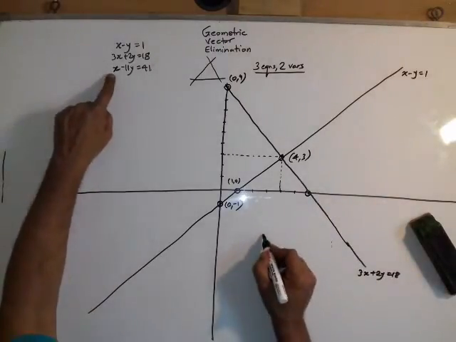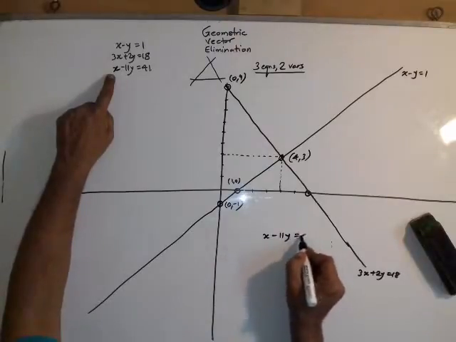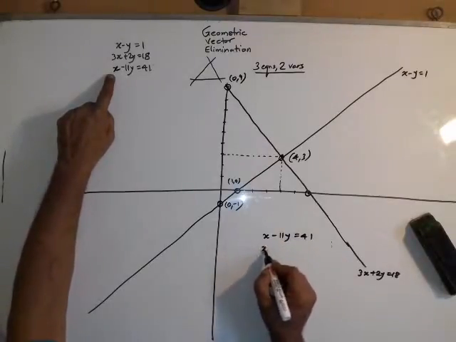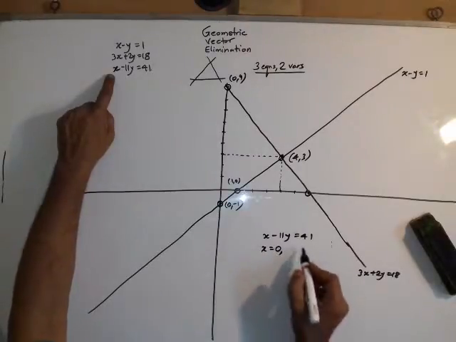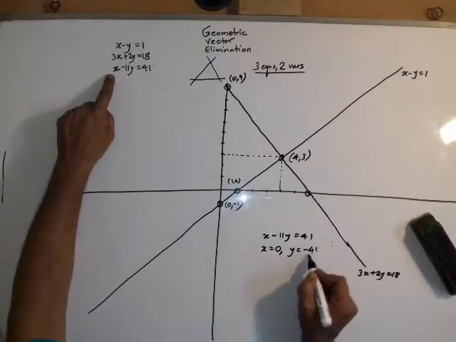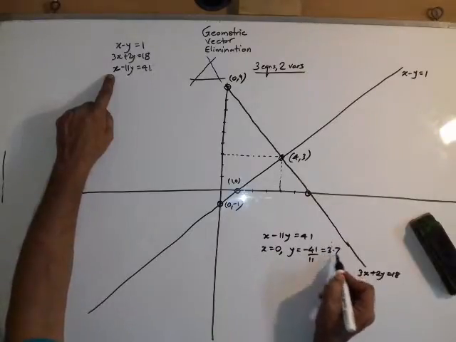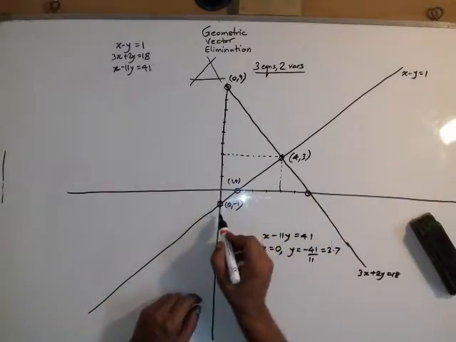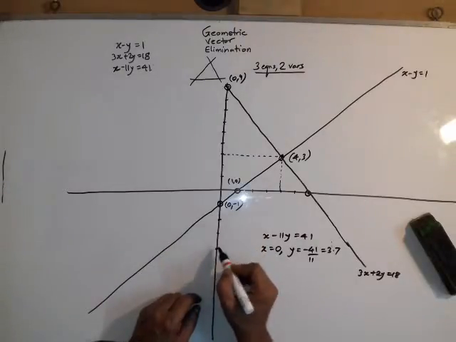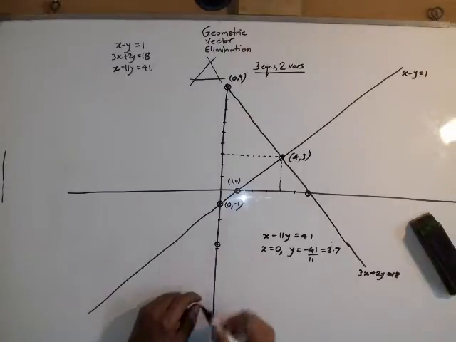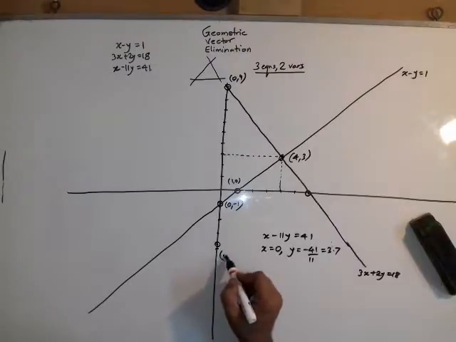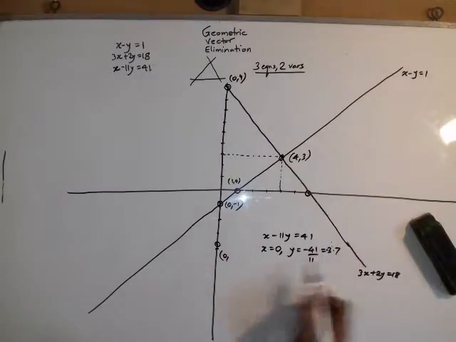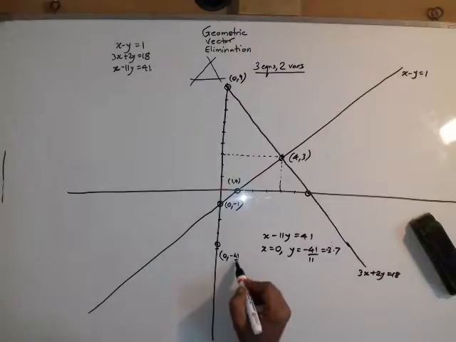We take the third line, x minus 11y is equal to 41. The same thing. This is a bit awkward. You'll get fractional values. x equal to 0, y is equal to minus 41 by 11, which is in the 3.7 range. So when x is 0, y is somewhere around here. That's 0, minus 41 by 11.